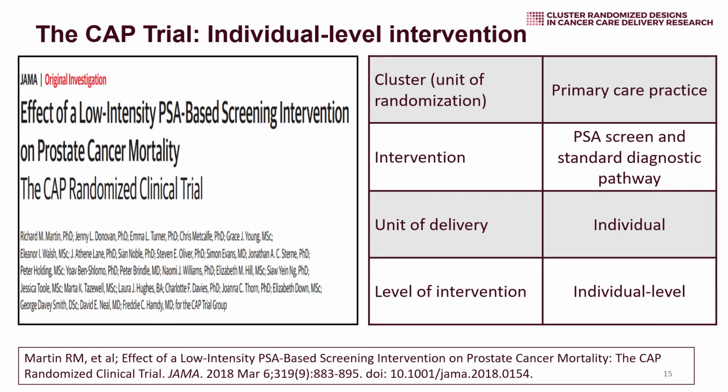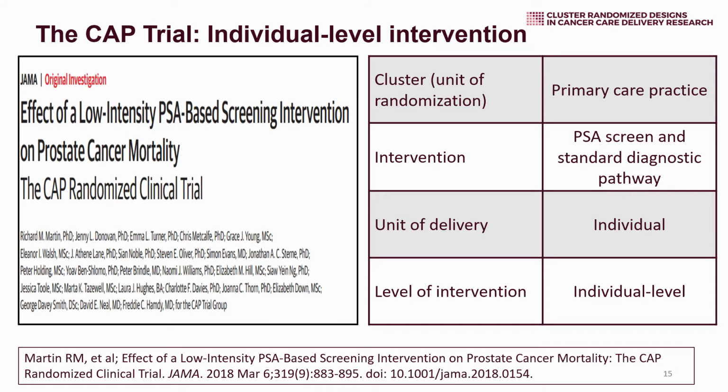And our third example is what's known as the CAP trial. This is an example of an individual level intervention. So in this trial, the cluster, the unit of randomization, was a primary care practice, and the intervention was a PSA screen and a standard diagnostic pathway.